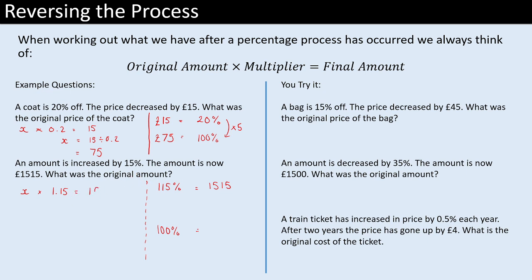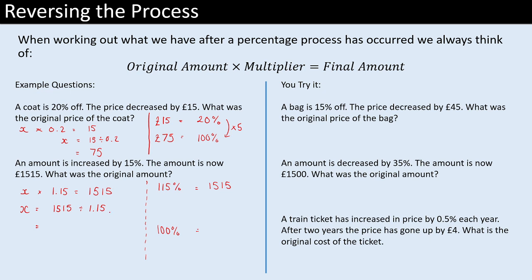And that equals 1515. And at this point, now it should be kind of clear to say that our mystery number will be 1515 divided by 1.15. So, 1515 divided by 1.15.